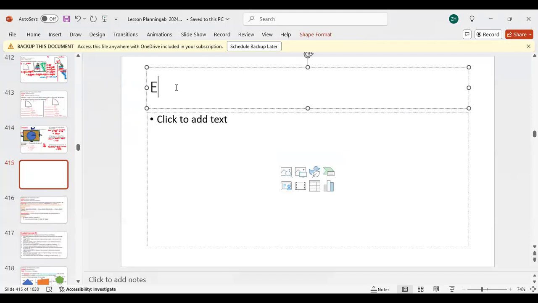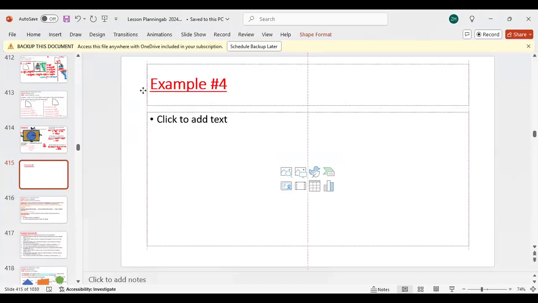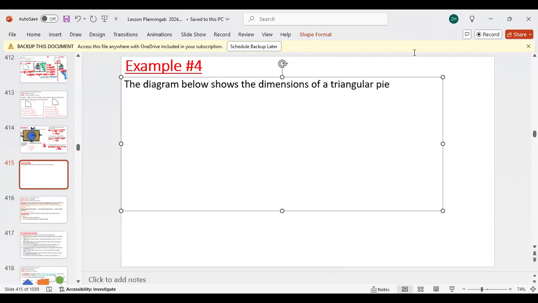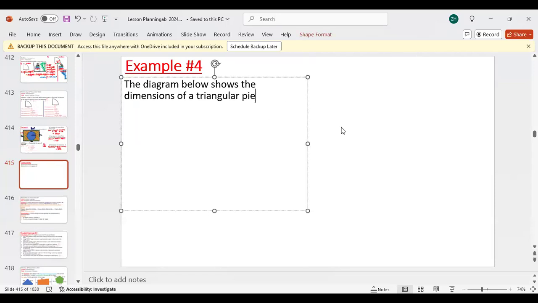Okay, let's go on to example number 4. So with this one, it says that the diagram below shows the dimensions of a triangular piece of property and a rectangular shed.